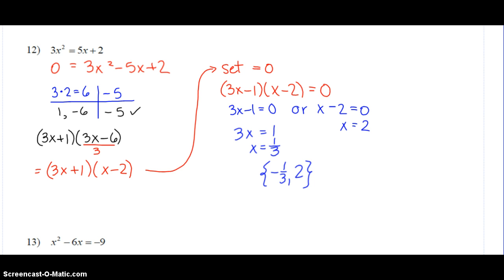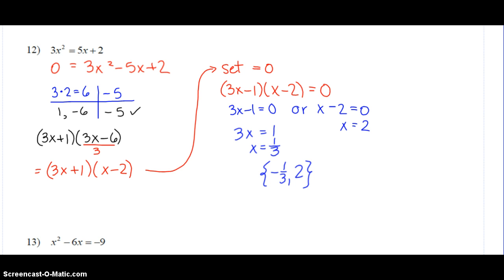We found two numbers that will multiply to 3 times 2, which is 6, and add to -5. We found those, and then we factored out any common factors. Once we got those factors, we set them equal to 0 and then solve for x. So now we have a solution set of -1/3 and 2. And those are the two places where this parabola crosses the x-axis or has x-intercepts.